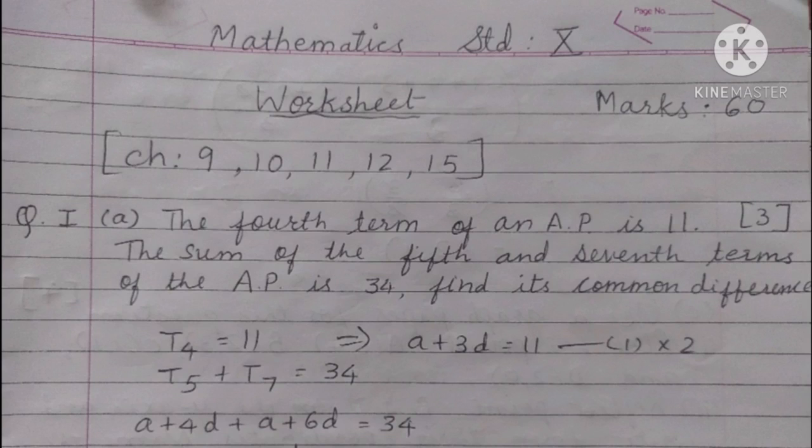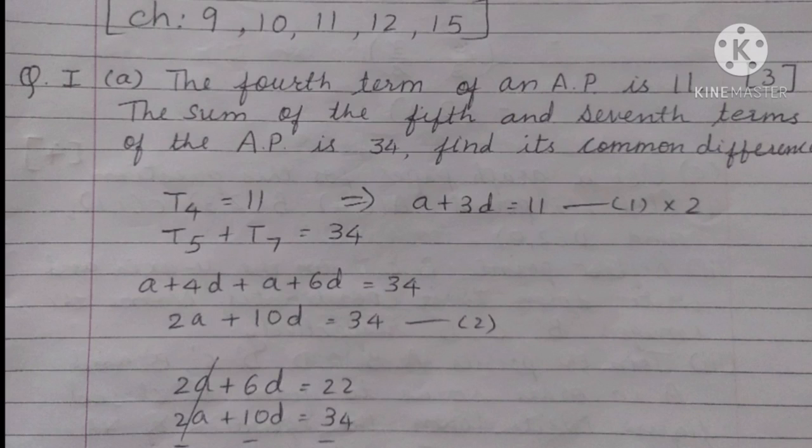Now we will get two equations. To solve these two equations, the second equation we found is 2A plus 10D is equal to 34. Solving these by simultaneous linear equations, the first equation is multiplied by 2, so I get 2A plus 6D is equal to 22. Arrange the second equation under it, like terms under like terms, and then take the subtraction.